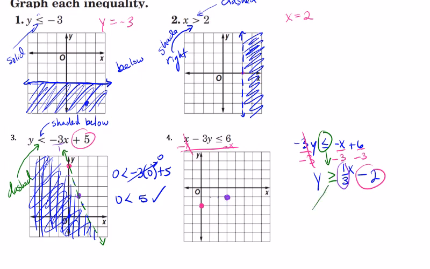Then I'm looking at the inequality symbol. It's or equal to, so it's going to be solid. So I'm going to draw a solid line through here. Okay. And then the last thing is the shading. So if it's greater than, it's going to be shaded above. So shaded above.